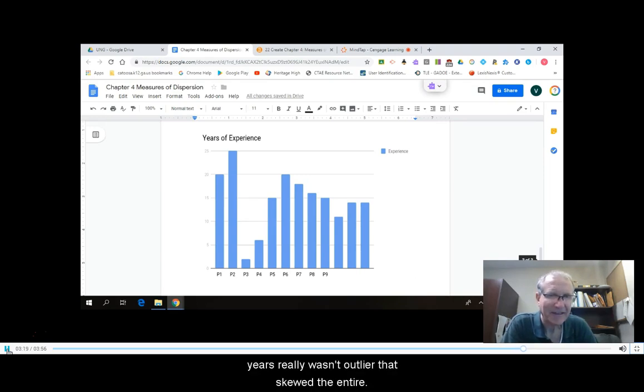However, her 2 years really was an outlier that skewed the entire set of data, and I think it did not correctly represent the group as a whole. So that's an example, and I think a pretty good one, of how outliers can really skew the research.